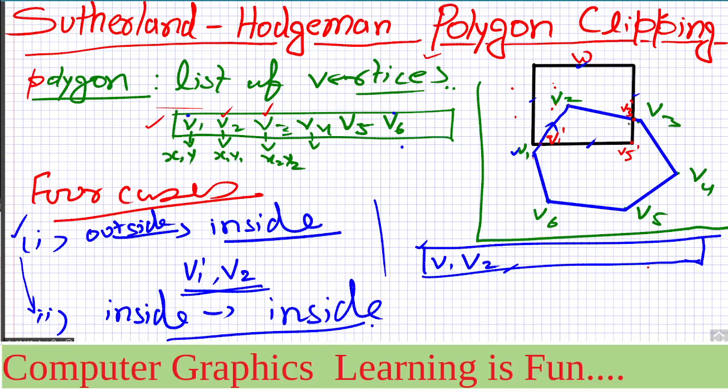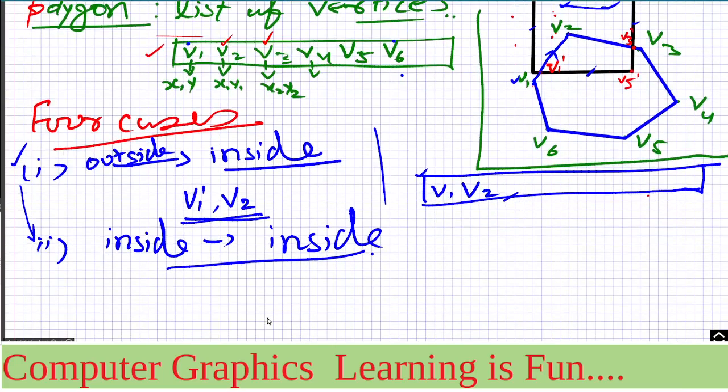In our case it is not the case, but suppose for some polygon the line is from inside to inside only. Both the ends of the line are inside the window. In that case, you have to understand that one of the points would have been inside earlier.